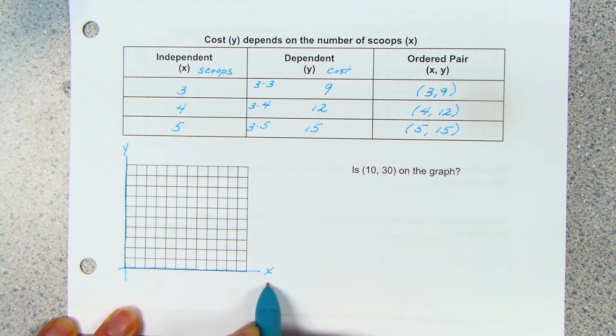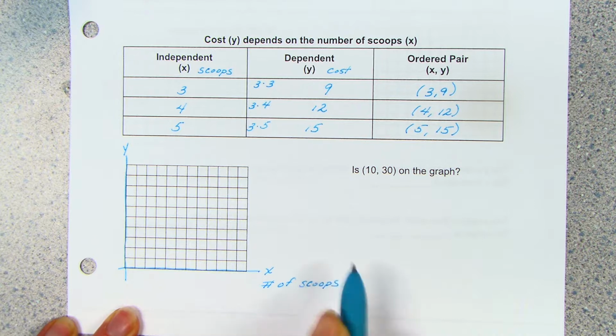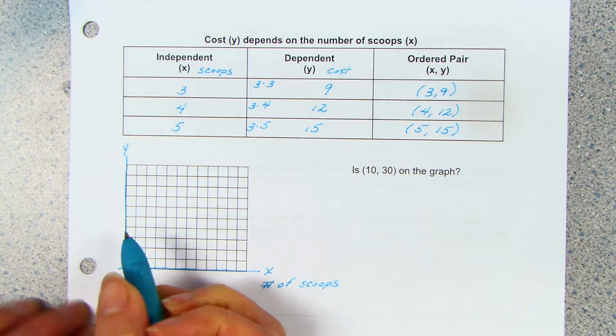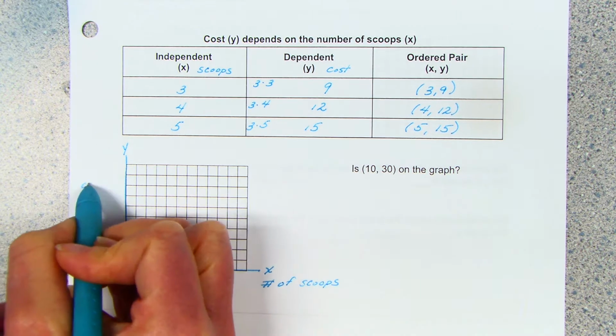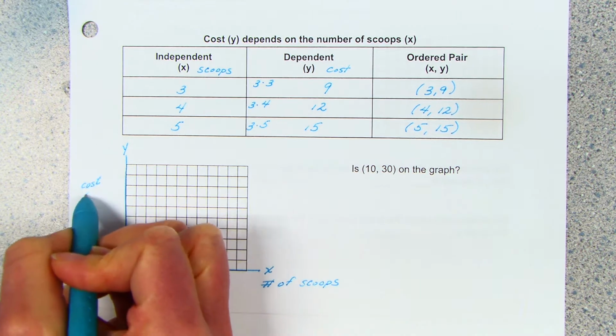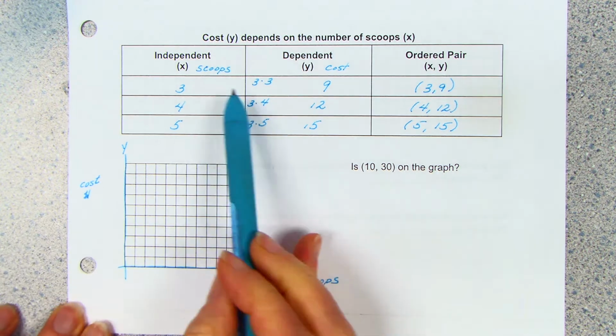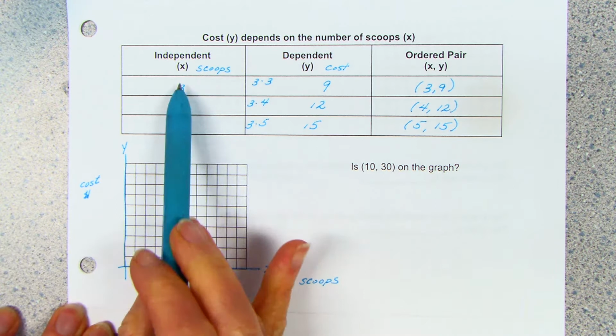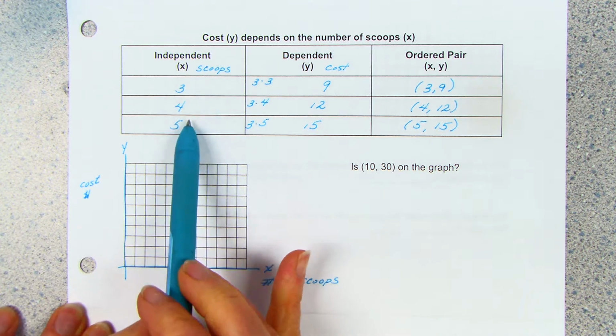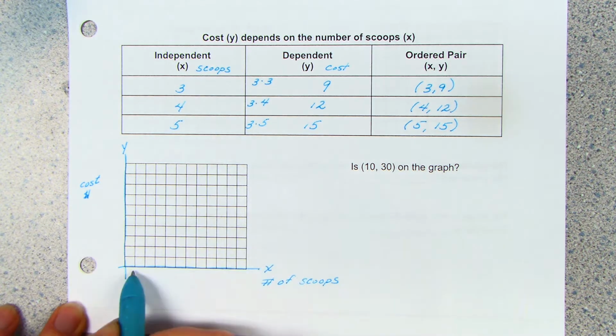And I know that x stands for the number of scoops, and the y is the cost in dollars. And I just look at my numbers to see what I should count by. So I see that my x values are just going up by 1, and those are small numbers, so I should be okay numbering by ones.